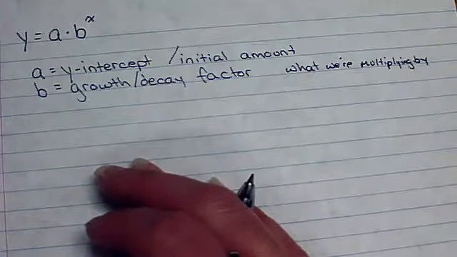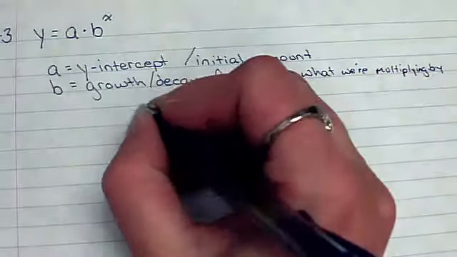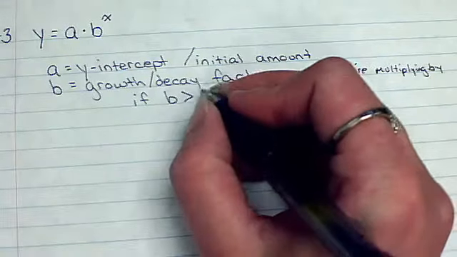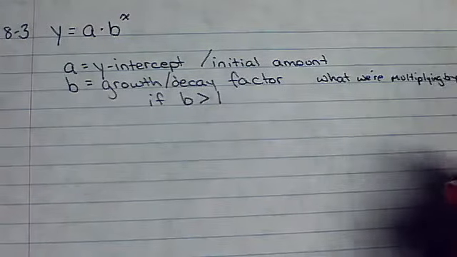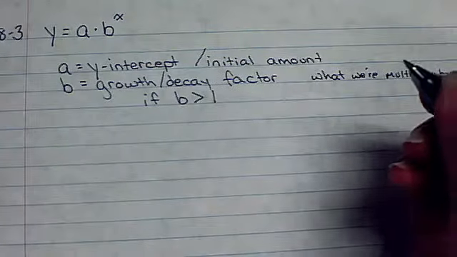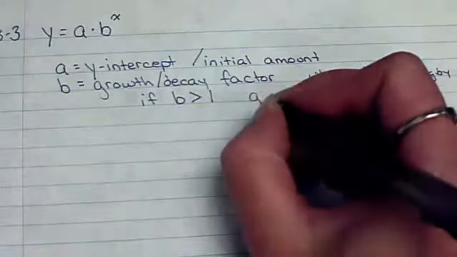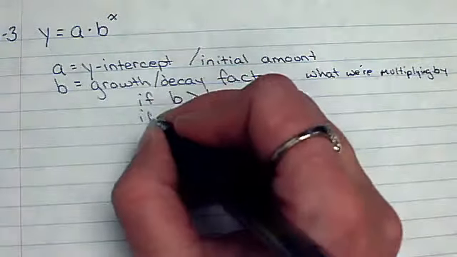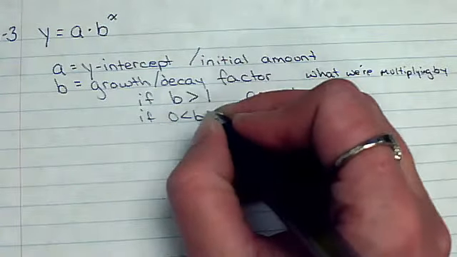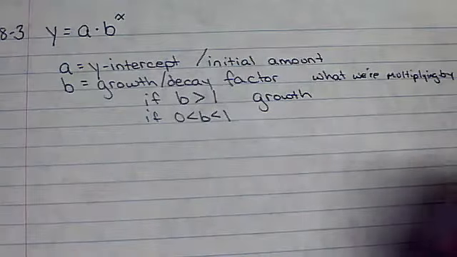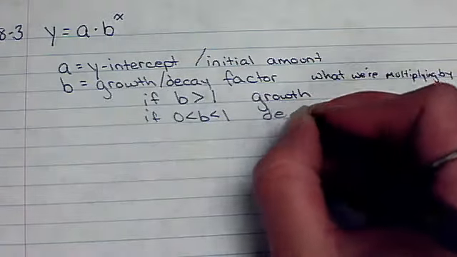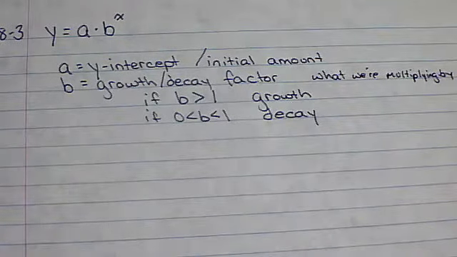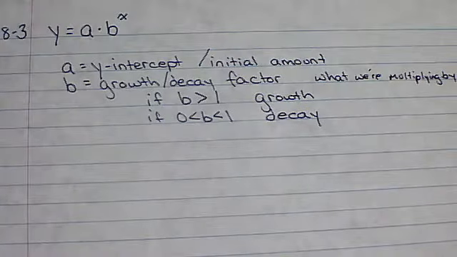Now, if what we're multiplying by is greater than 1, we're going to be getting bigger and bigger and bigger. That is considered growth. Now, if it is between 0 and 1, that is considered decay. Think about it. If you're multiplying by a half or by a fourth, you're going to be going down every time.